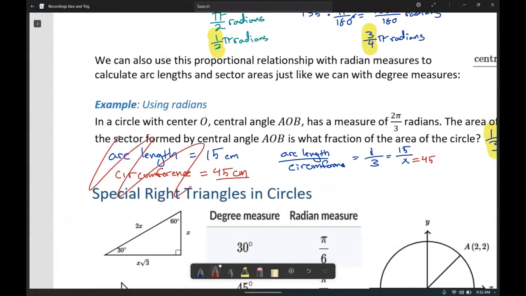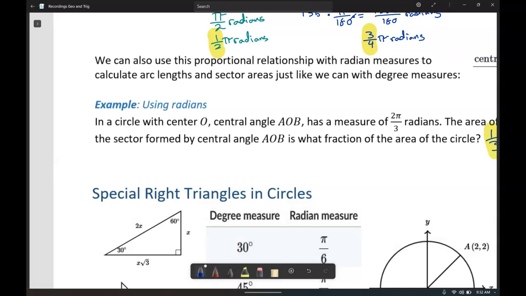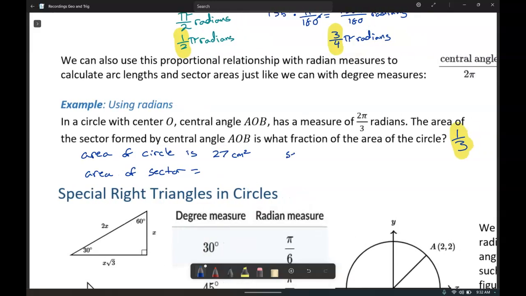Now let's think about a different example. Again, we know that it's a ratio of 1/3, but let's say we know that the area of the circle is 27 centimeters squared. And we want to find the area of the sector. Well, we know the relationship, the sector area compared to the circle area is the same.